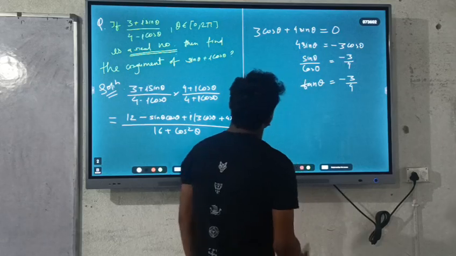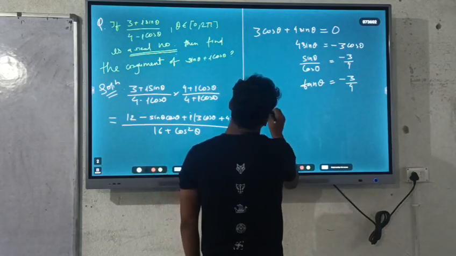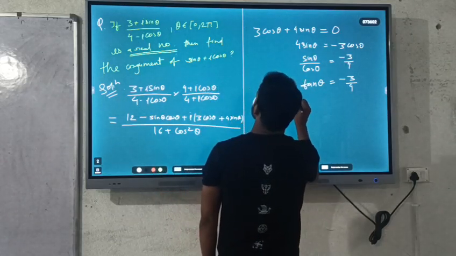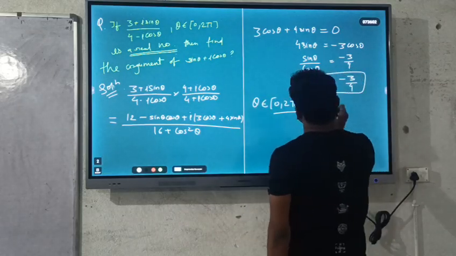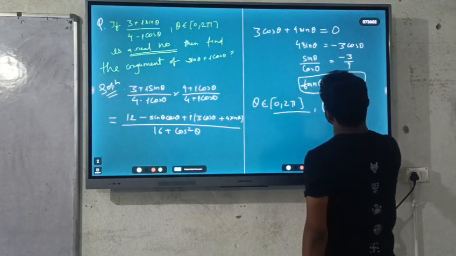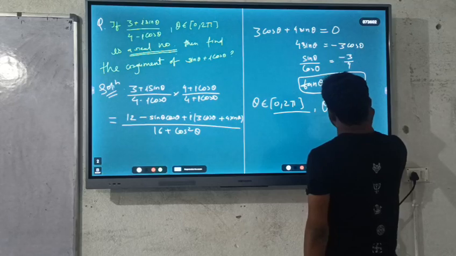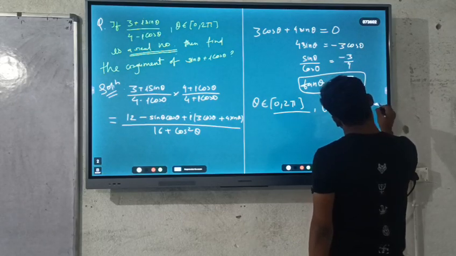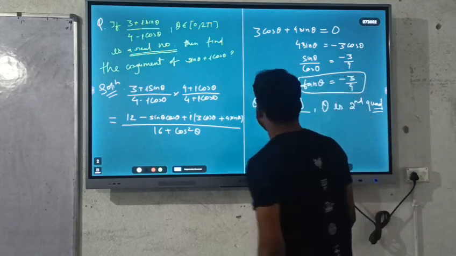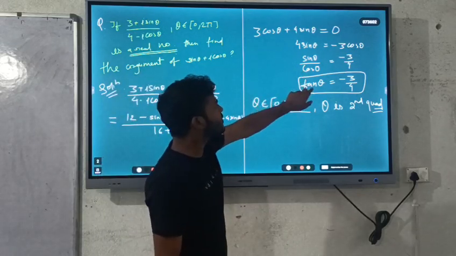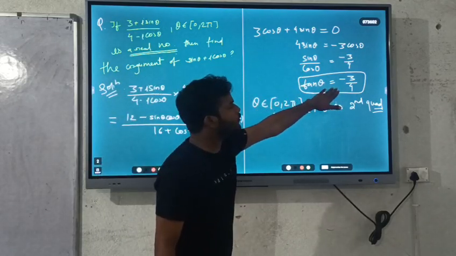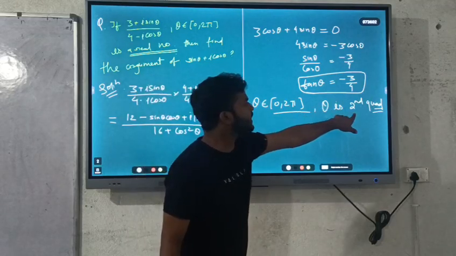Now theta lies in 0 to 2 pi, it's given in the question, and this expression shows that theta is in the second quadrant. So now we have two pieces of information, the value of sin theta by cos theta, and by using this value we know that theta lies in the second quadrant.